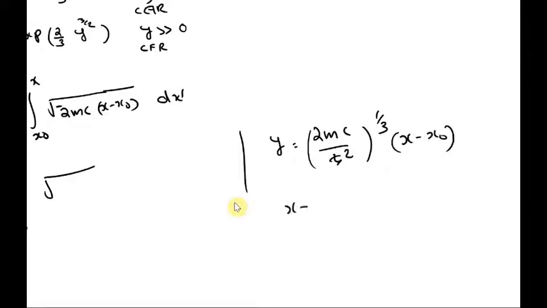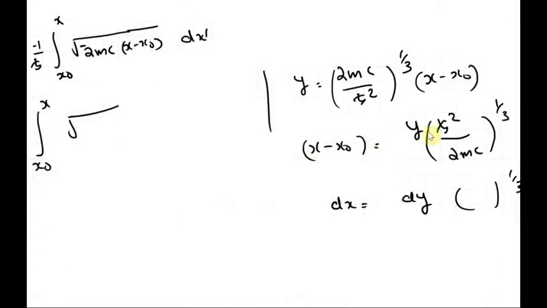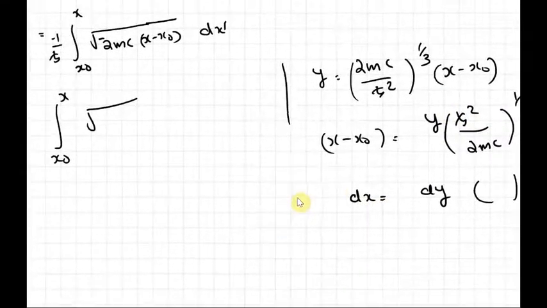That gives you x minus x naught as y times (ℏ squared divided by 2mc) whole power 1/3, and dx will be obtained like dy into the same quantity. So we have to substitute both here. x minus x naught is in the root, so you'll be having y to the power 1 by 2 and 1 by 6 over there.